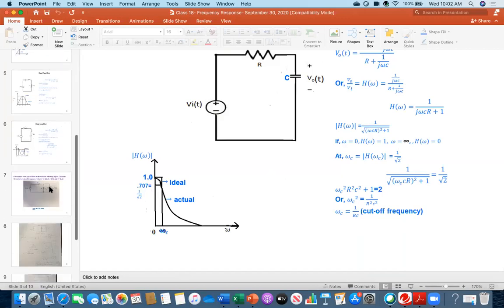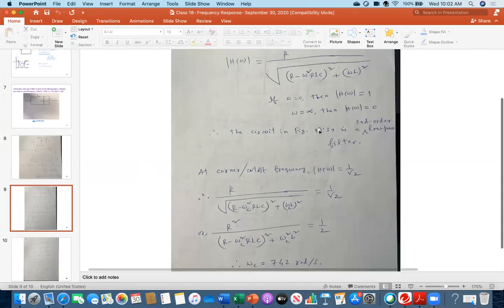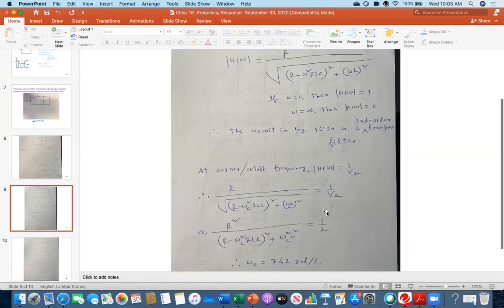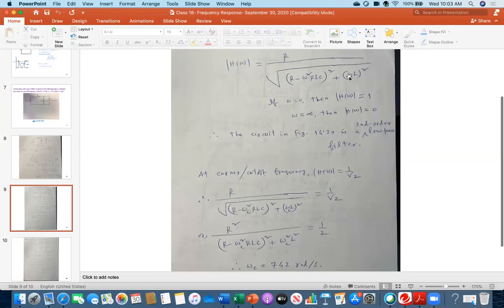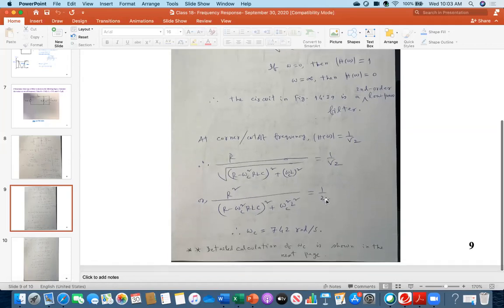The same thing we have to do here. I am writing that transfer function, R over this, equal to 1 over root 2, and I have changed the symbol ω to ωc. So finally, you will be getting ωc equal to 742 radians per second.